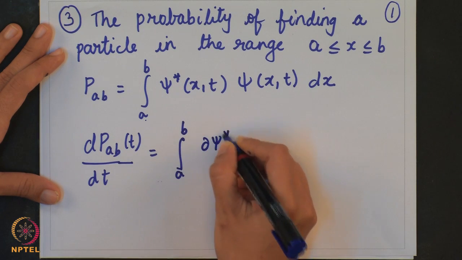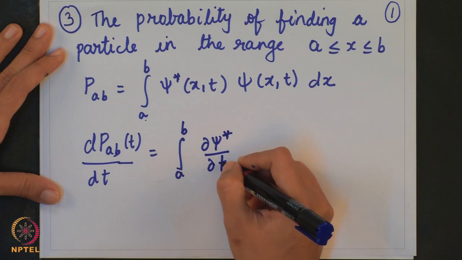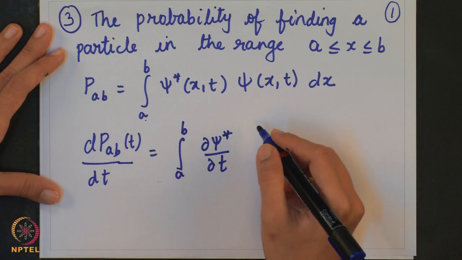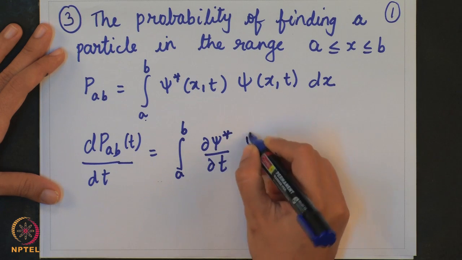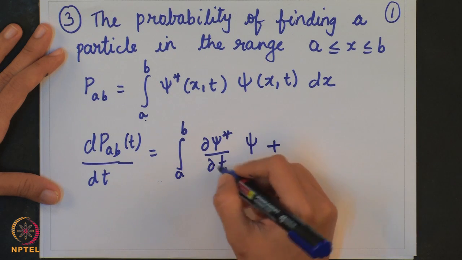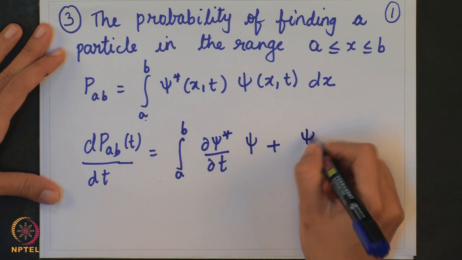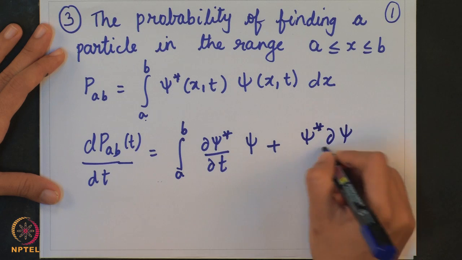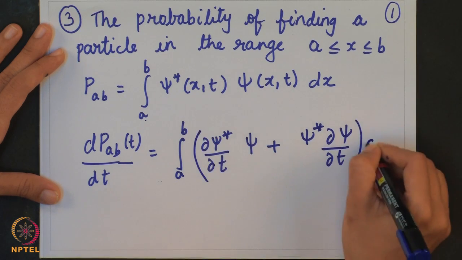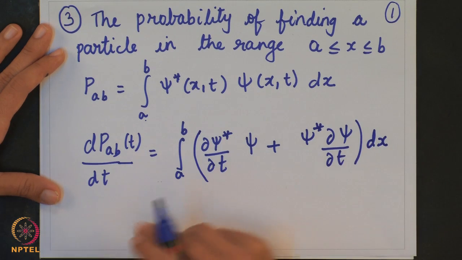I will use a shorthand notation and drop the arguments. I will have two terms: the derivative of psi star with respect to t times psi, and the other term, psi star times the derivative of psi with respect to t, and the entire thing times dx. So, this is what we have.